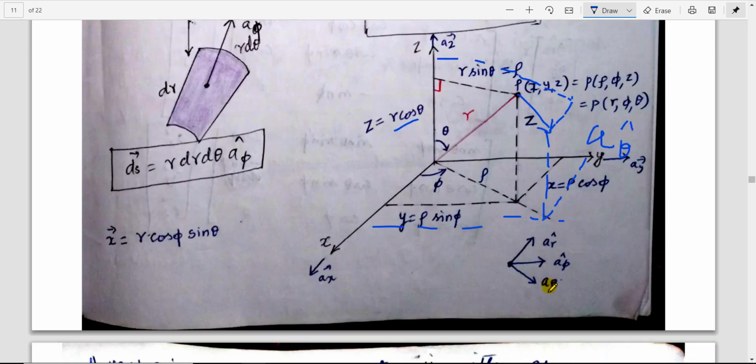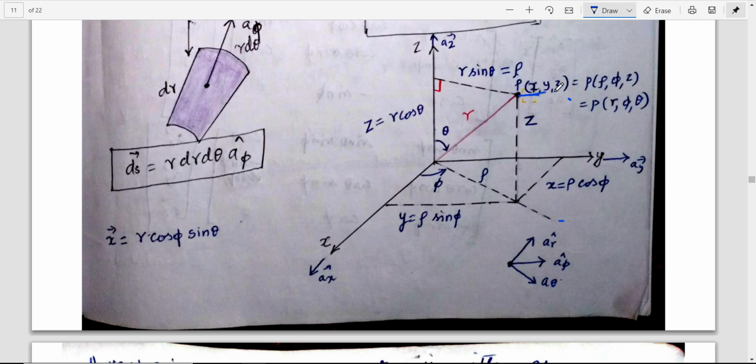And how about for the A phi? We can mention it in this diagram also. In the A phi component, the z component will not come. Why? Because that particular component is drawn only parallel to the xy plane. So the z-axis component is coming as 0.